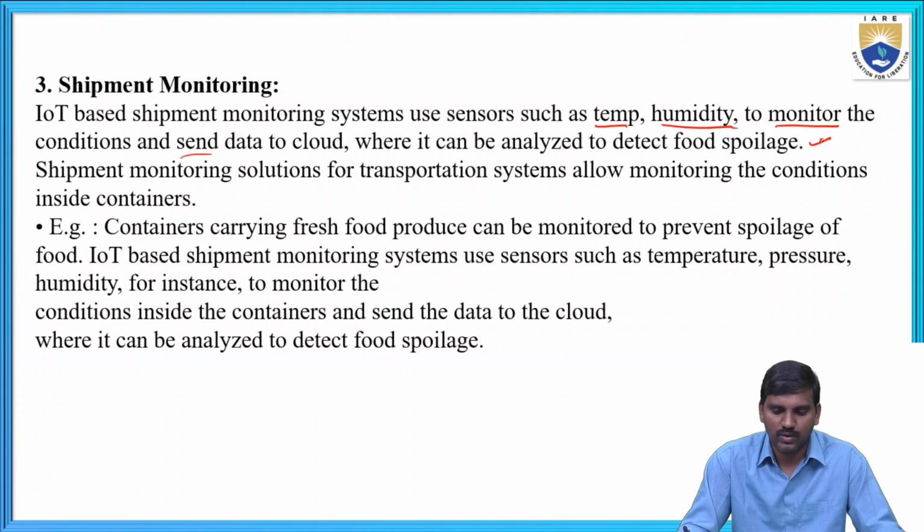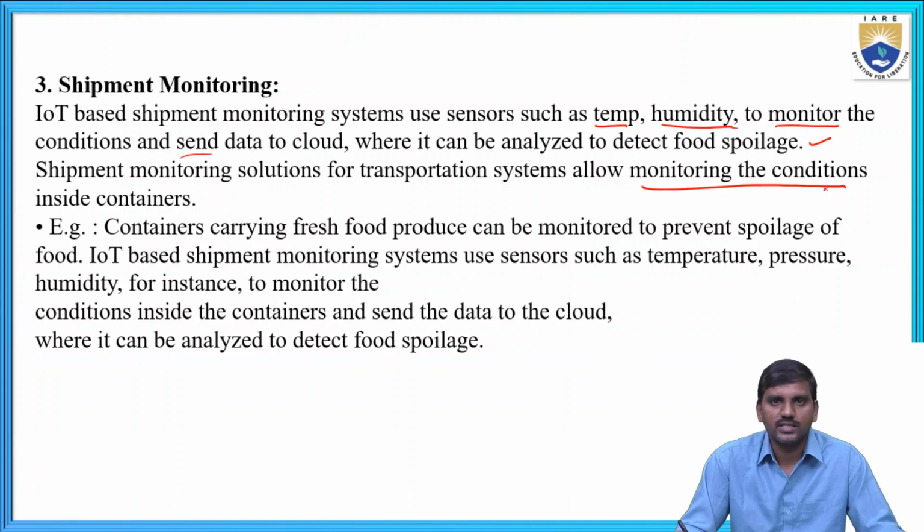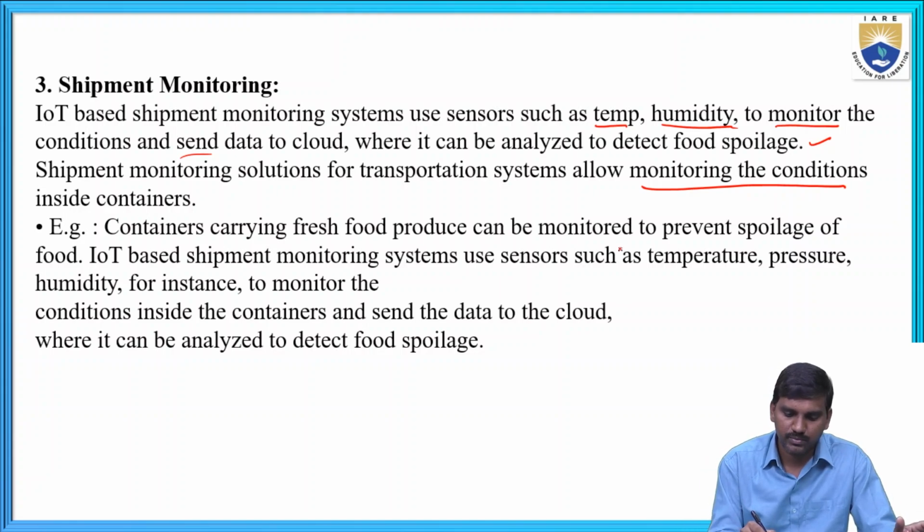food spoilage. Shipment monitoring solutions for transportation systems allow monitoring the conditions inside the container, whatever material is inside the container can be tracked by the shipment monitoring system. For example, containers carrying fresh food produce can be monitored to prevent spoilage of food.